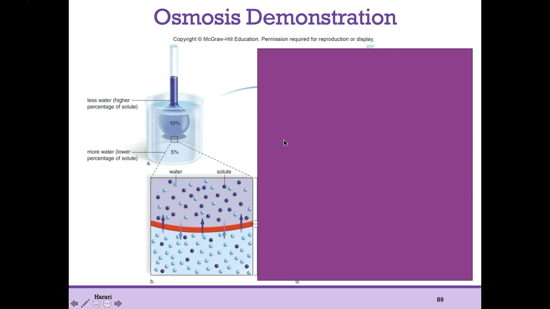Right, so in this example, suppose this is called a thistle tube. I have a 10% dye in this tube, and it's sitting in a beaker with 5% dye. And this membrane on the bottom only allows water in or out. What's going to happen over time? So pause here and tell me what's going to happen.